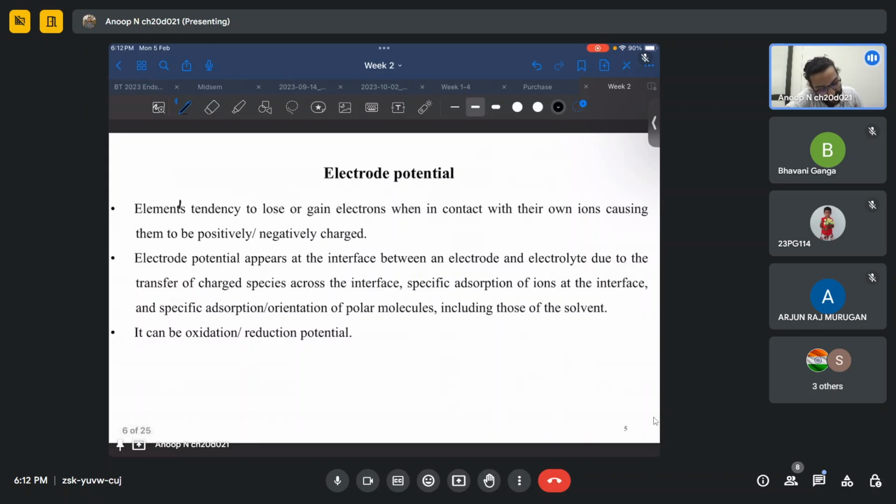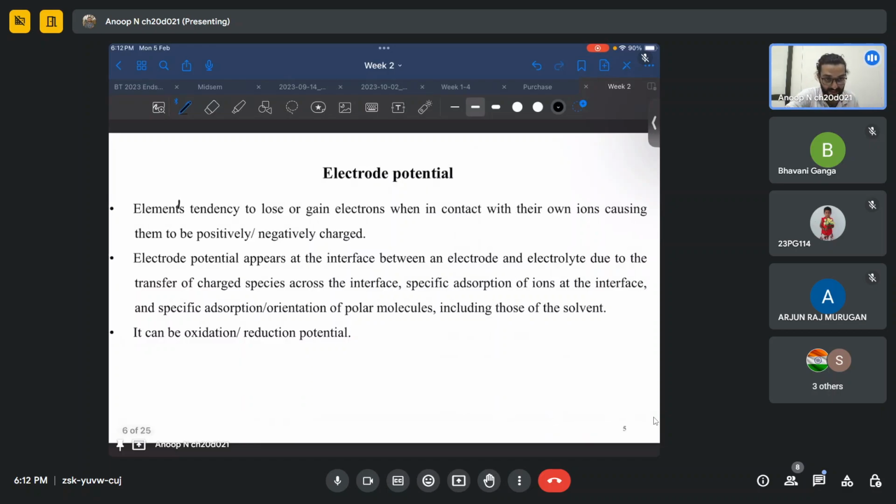Electrode potential appears at the electrode-electrolyte interface due to the transfer of charged species across the interface, specific adsorption of ions at the interface, and specific adsorption or orientation of polar molecules, including those of the solvent. This is called galvanic potential. When an electrode is dipped in the electrolyte, either electrons flow from the electrode to the species at the electrode interface, or it gets electrons from the species near the electrode where the reaction takes place.